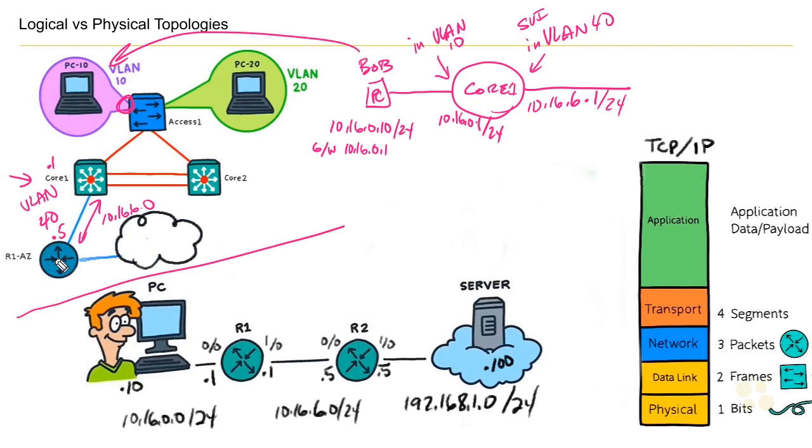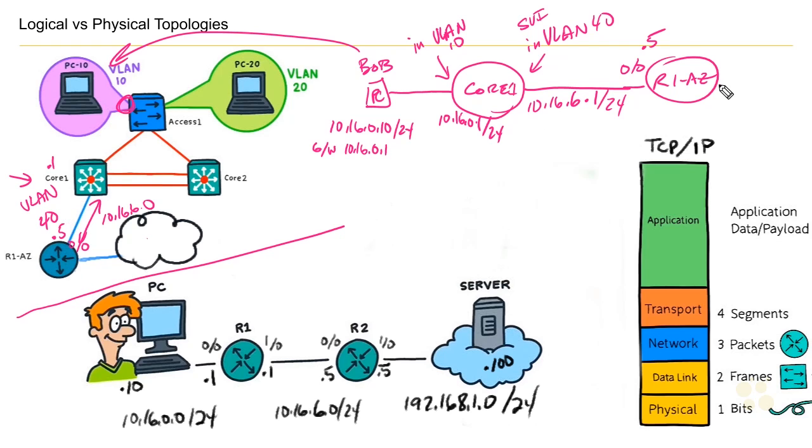So the next device in the path would be this router right here, which in our topology is router 1 AZ. And this interface on router 1 is 0/0. So we put gigabit 0/0 here, and its IP address is .5 on the 10.16.6 network. And so this connection between the router as it connects up to the core switch, it's connected to an access port that's associated with VLAN 40. And that's why this router interface is in that VLAN.